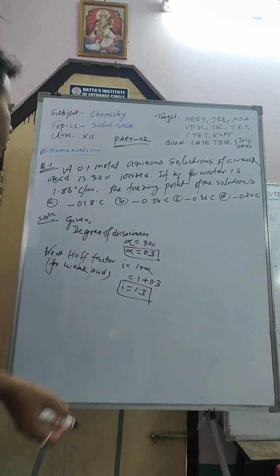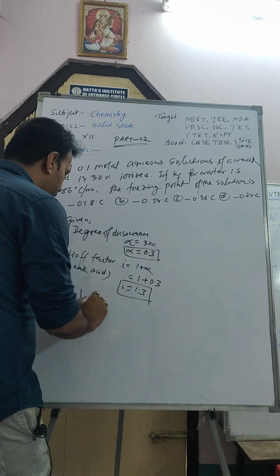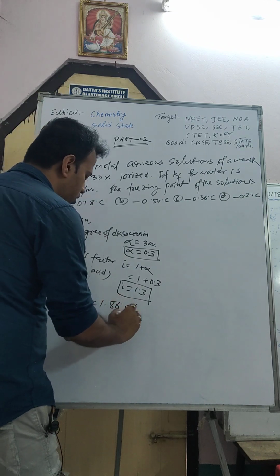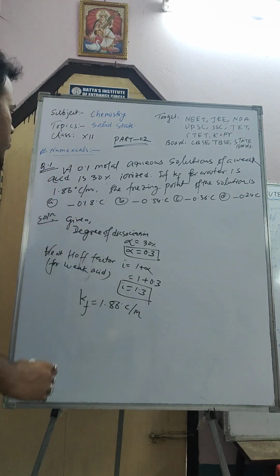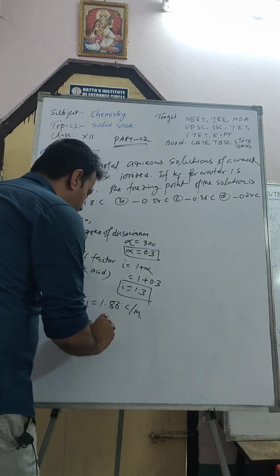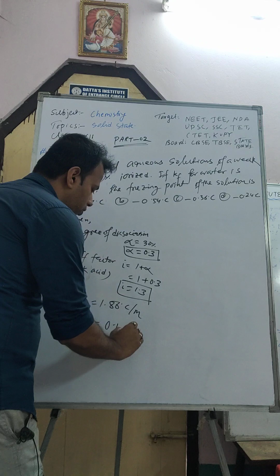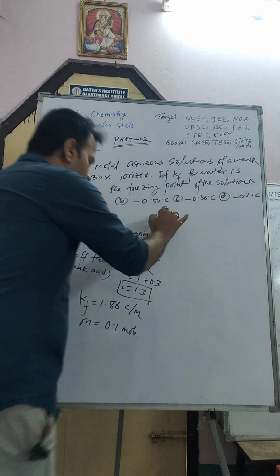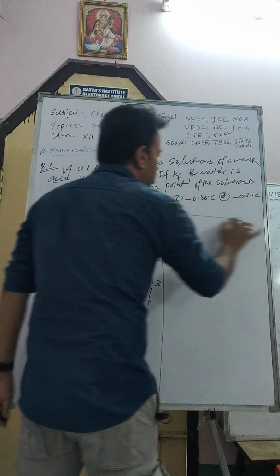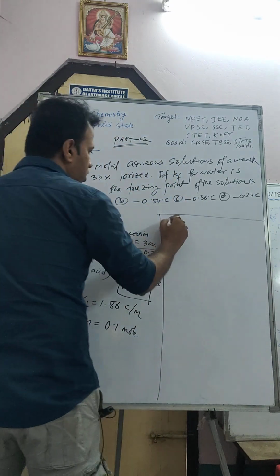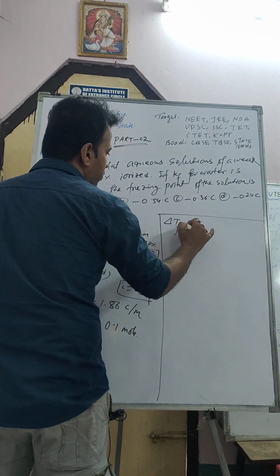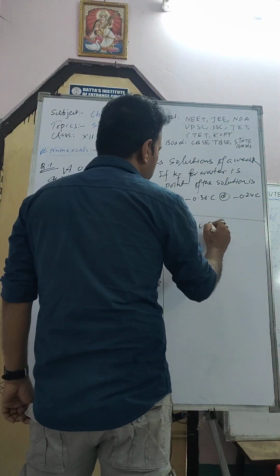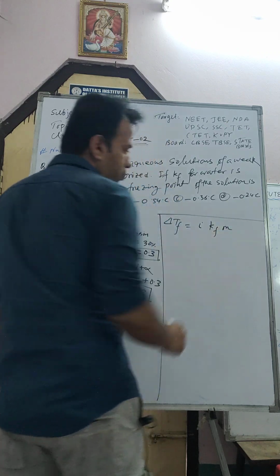Fine. Now Kf for water is given, 1.86 degree C per mole, and molality is given here, 0.1 mole. Now there is one formula: change in freezing point, del Tf, is equal to i into Kf into m.